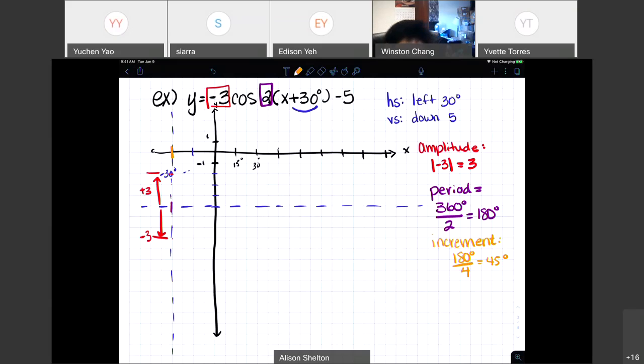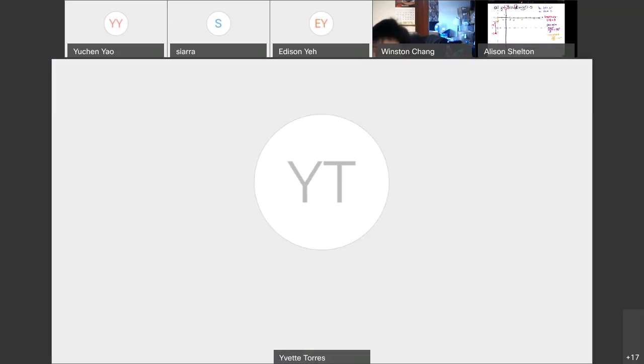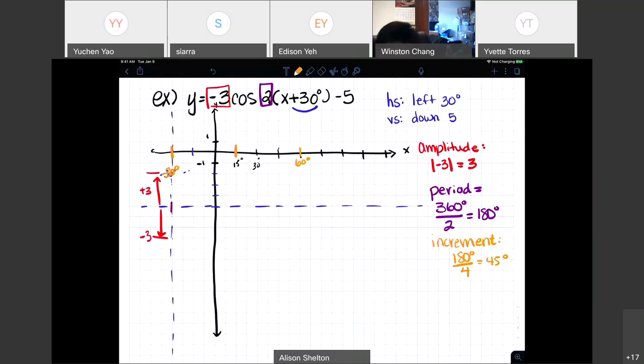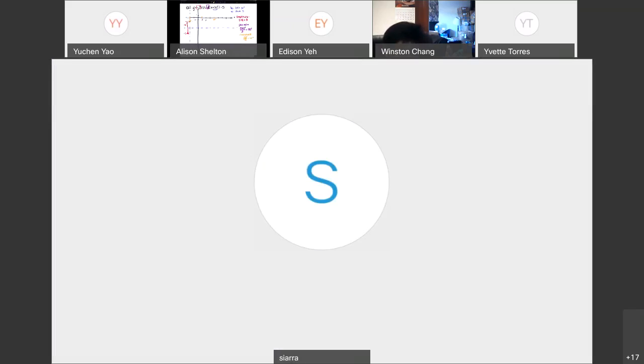So here we have negative 30 degrees, which we marked earlier. And then 45 degrees later, we have 15 degrees. And 45 degrees later, we have 60 degrees. And 45 degrees later, we have 105 degrees.